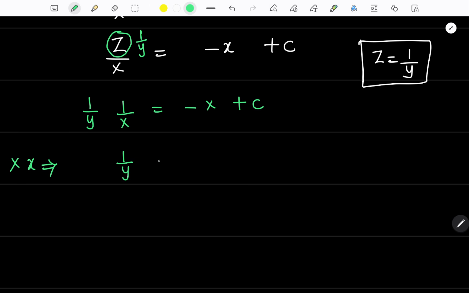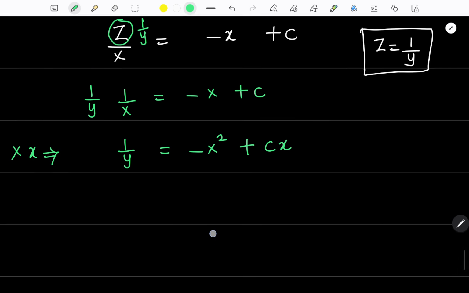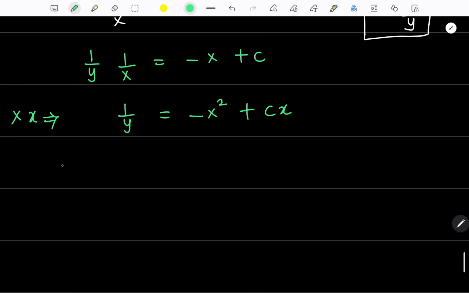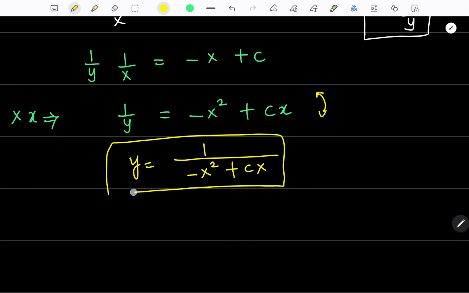When I multiply by x, I will get 1 by y here, minus x square here, and cx here. But I want to give the answer as y equals, so y equals flip. So 1 divided by, only flip the term. Don't flip the negative and positive. So 1 divided by minus x square plus cx is going to be your solution for this Bernoulli's differential equation.